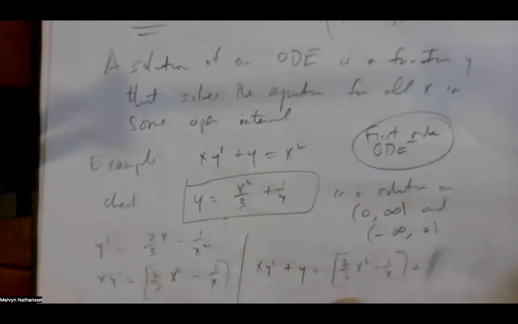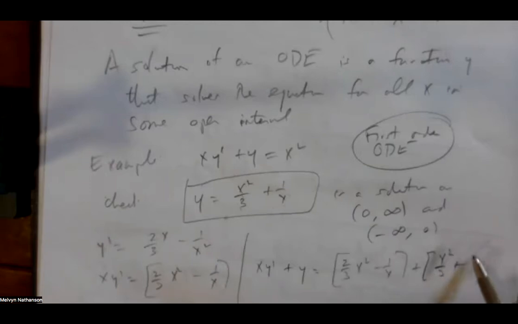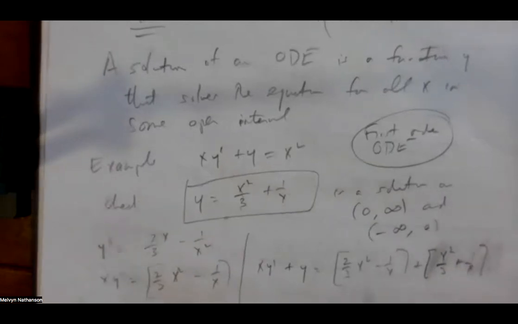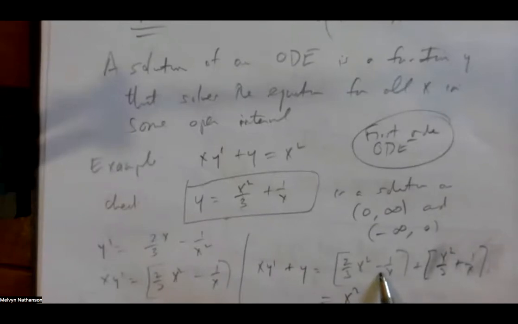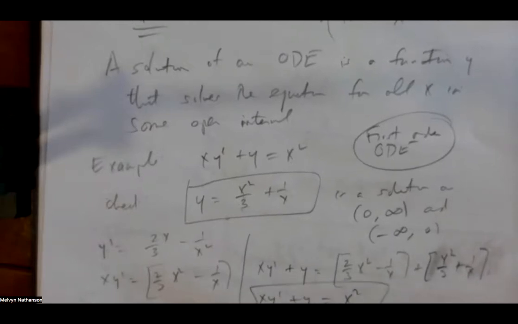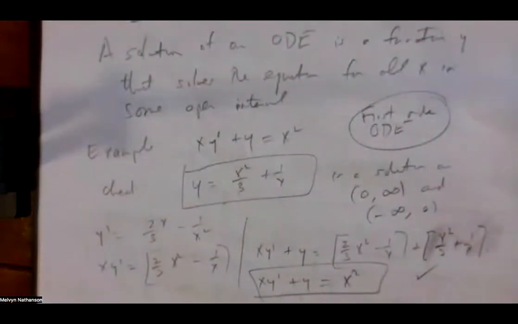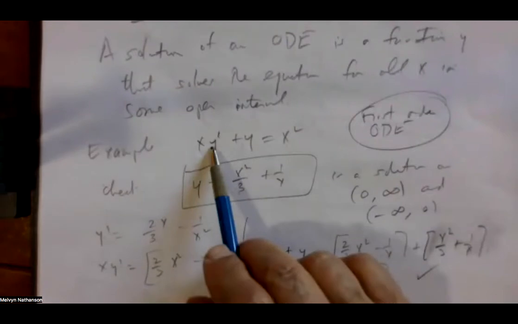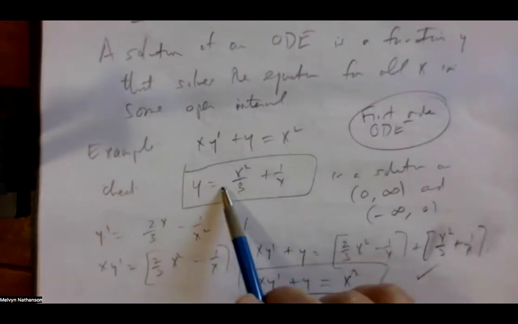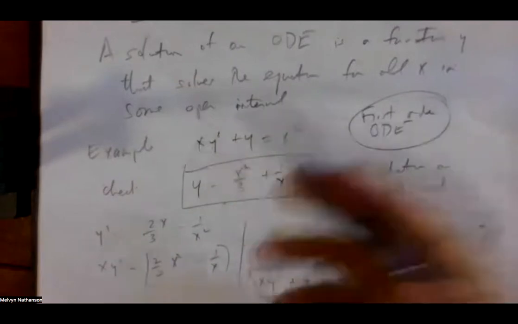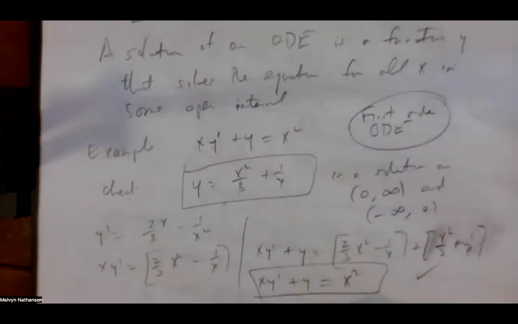Y is x squared over 3 plus 1 over x. 2/3 x squared plus x squared over 3 is x squared, and minus 1 over x plus 1 over x is 0. So x y prime plus y does equal x squared. So this checks. So here we have a differential equation, and this is a solution because if you plug this function into the equation, it works. Okay.